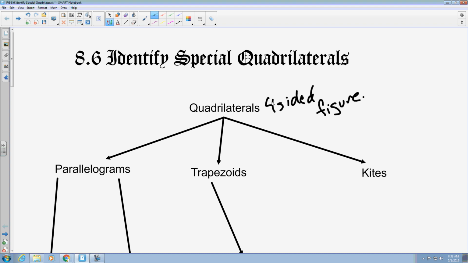And if they are parallel, we have two sets of parallel lines, which means it falls into the parallelogram category. If it's a trapezoid, we have one set of parallel lines. And if it's a kite, that means we have zero parallel lines.